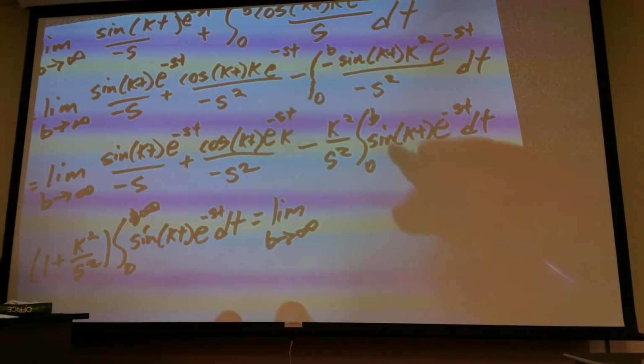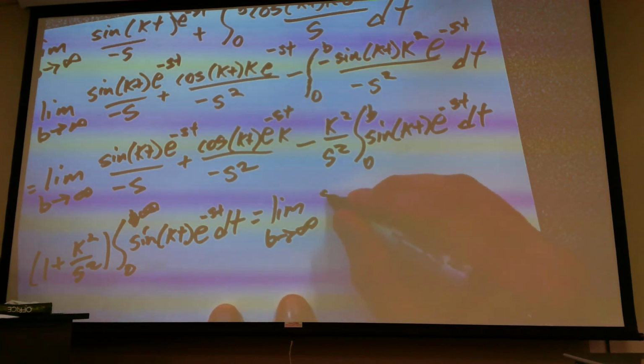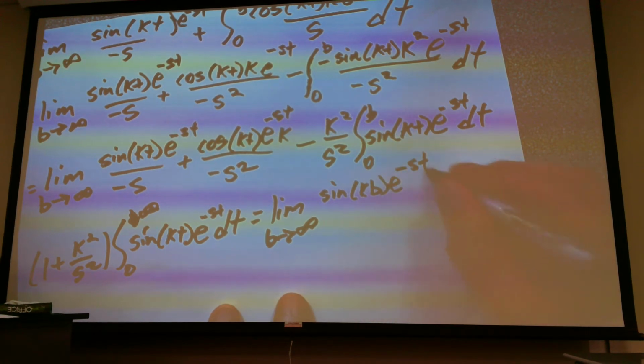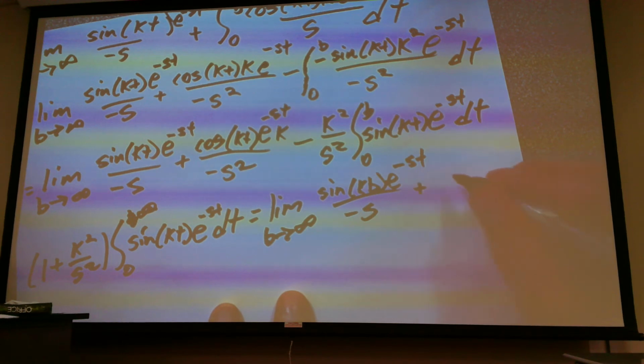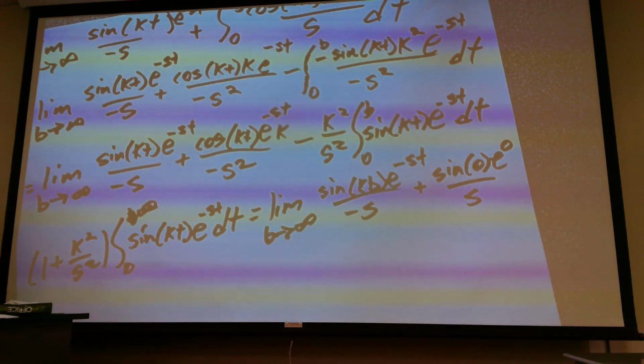So that would be sine of kb e to the minus sb divided by negative s, and then plus sine of 0 e to the 0 divided by s, okay?